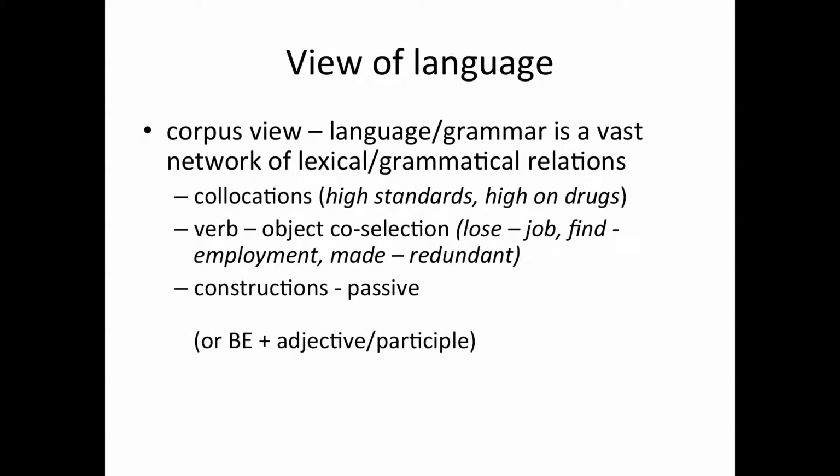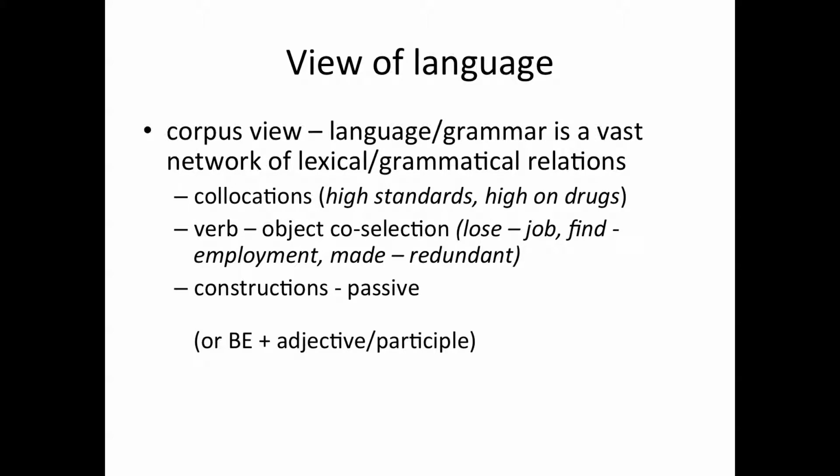So let me skip the note. I think a corpus view of grammar is a network of these lexical grammatical relations. We have collocations. We look at verb-object co-selection, so you tend to lose a job, find employment, be made redundant, and so on.